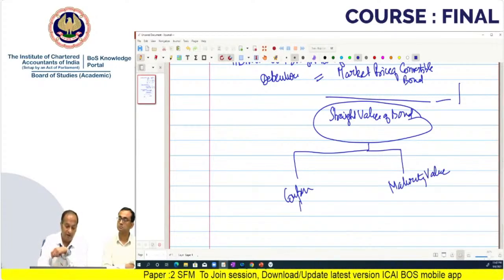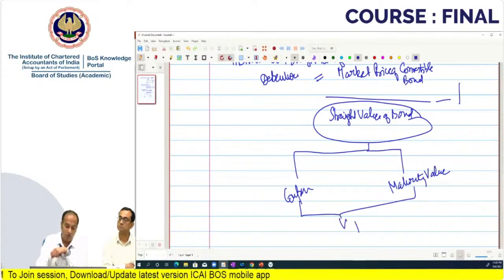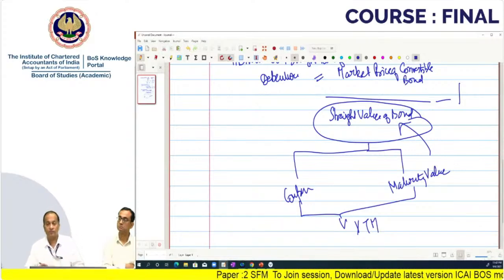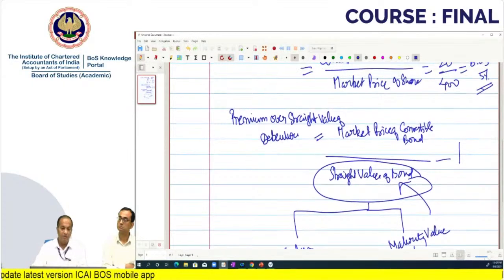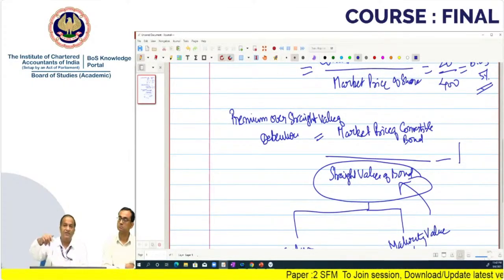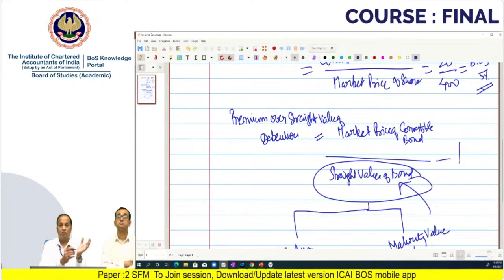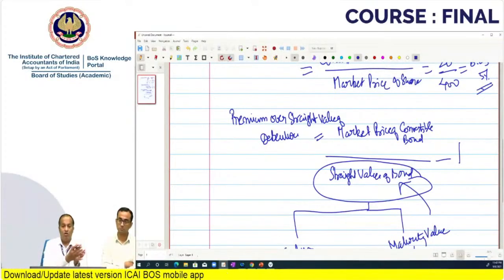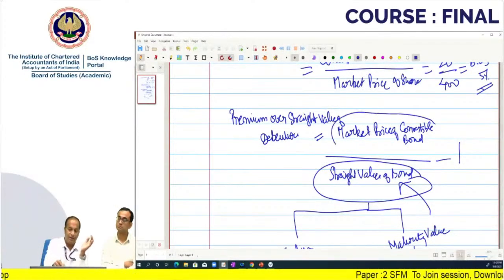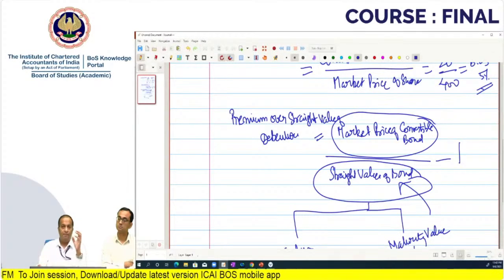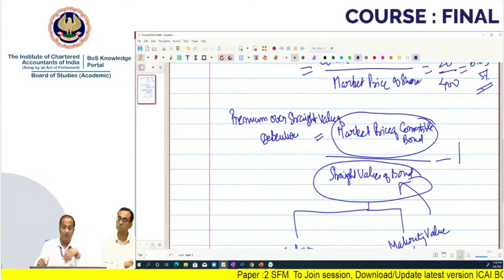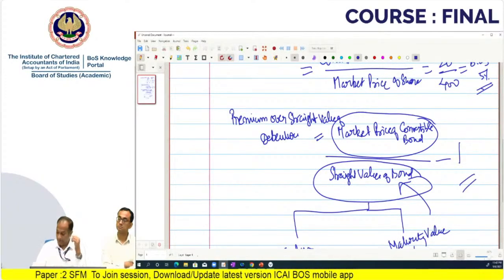Now if I discount it by YTM, this is called straight value. So it means, because of this conversion, it carries a premium, because the market price of the convertible bond may be more than your straight value. So we can compute it in percentage terms.